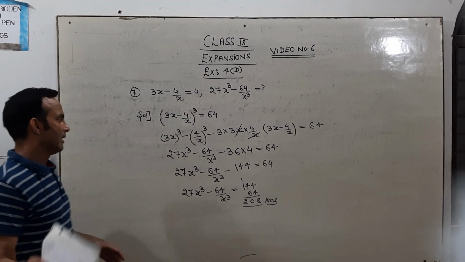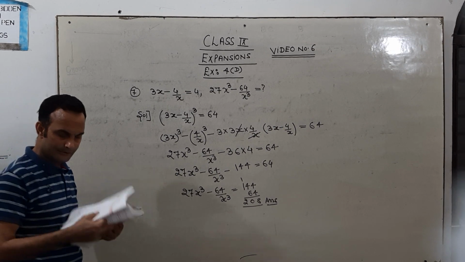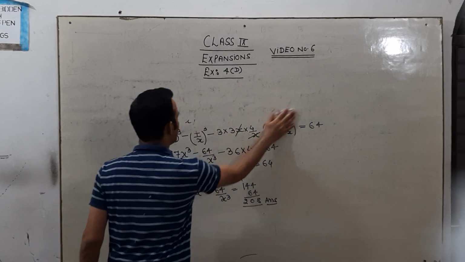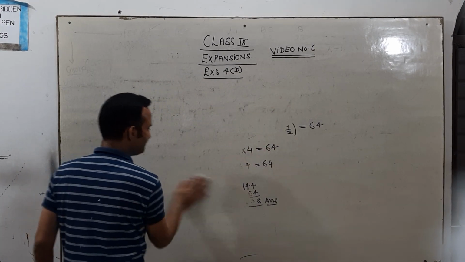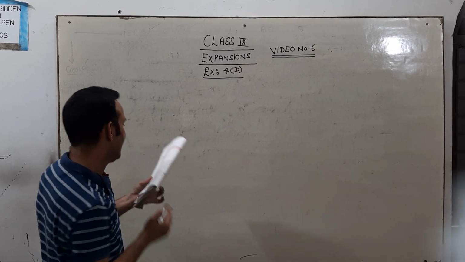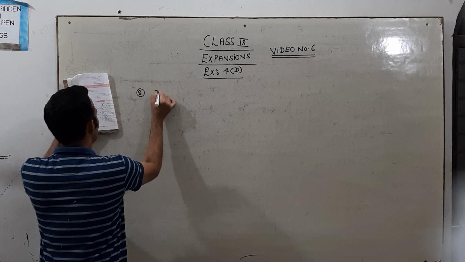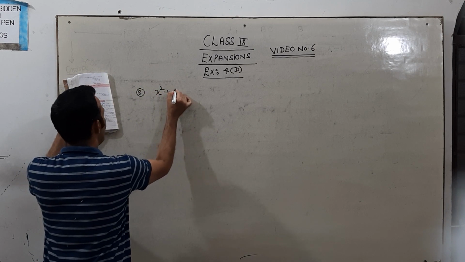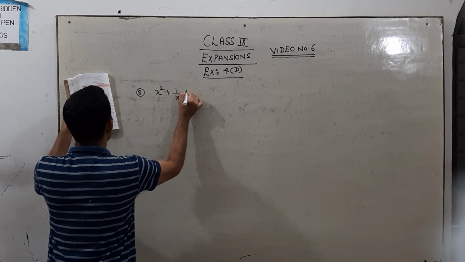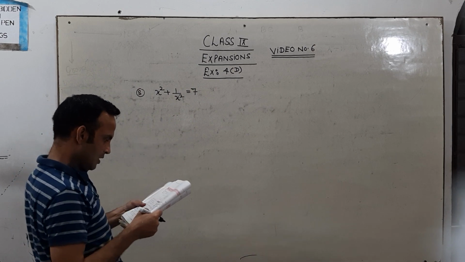Now, I am going to take question number 8. See question number 8 now. Question number 8 is what? x square plus 1 upon x square is equal to 7.